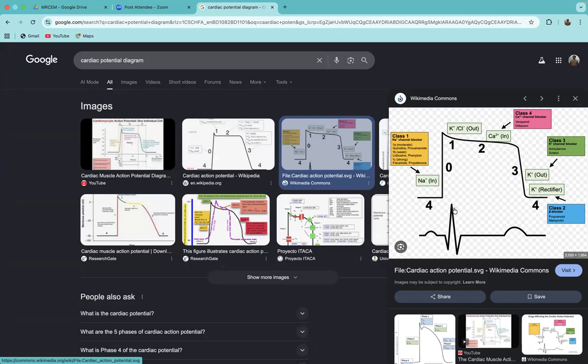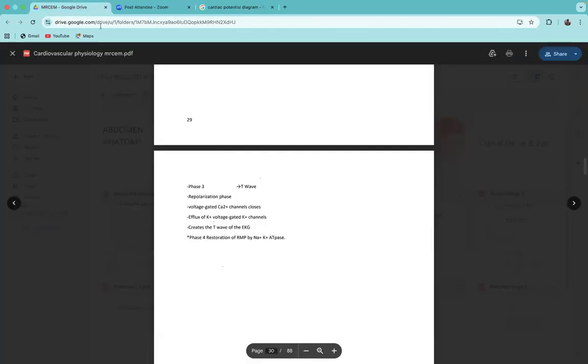During phase 0, or depolarization, there will be the QRS complex. During the plateau potential, there will be the ST segment of the ECG, and during the repolarization, there is the T wave that we can see in the ECG.